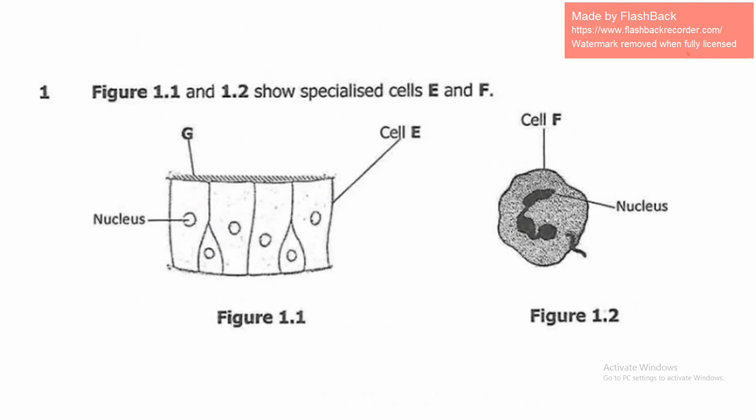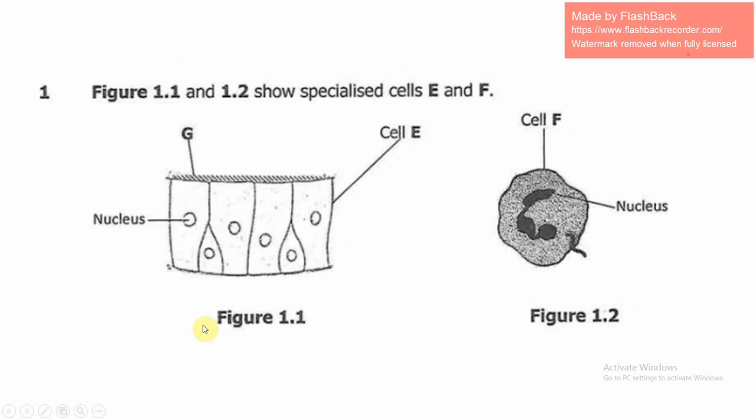The first thing we're supposed to do is try to understand something from these two diagrams, figure 1.1 and 1.2. After we analyze these two diagrams, you'll find that by so doing, we'll have even answered all the questions that are beneath.